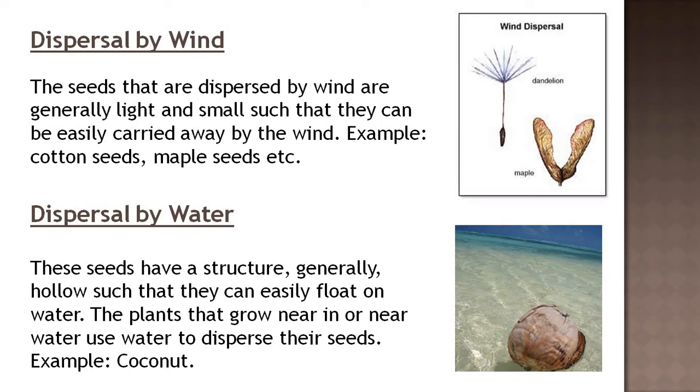They have certain structures which help them to float, such as a spongy structure or a fibrous outer coat. For example, coconut. Coconut trees grow near coastal areas, means near water bodies. It floats in water and is carried away to far off places. When it lands on the shores, the seed germinates and grows into a new plant. Similarly, the seeds of lotus are also dispersed by water.